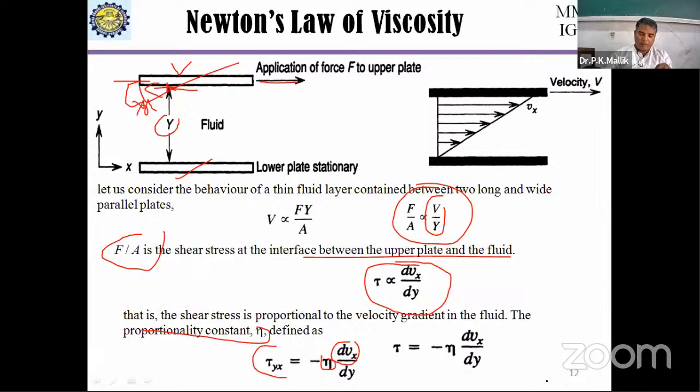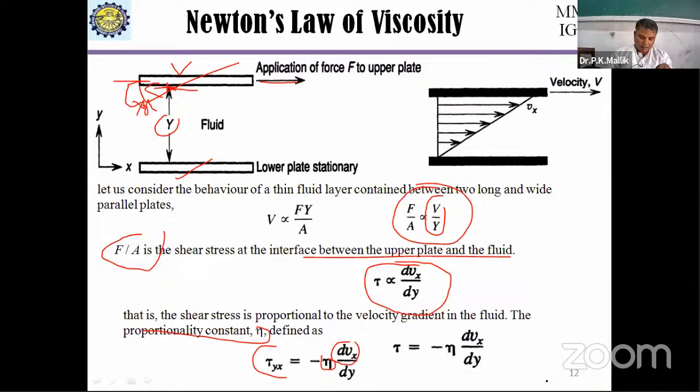So this is Newton's law of viscosity. Newton's law of viscosity states that the shear stress between adjacent fluid layers is proportional to the negative value of the velocity gradient between the two layers.